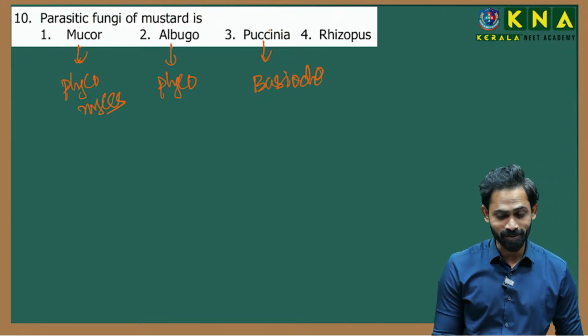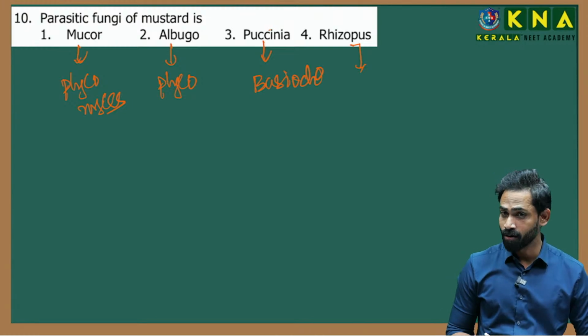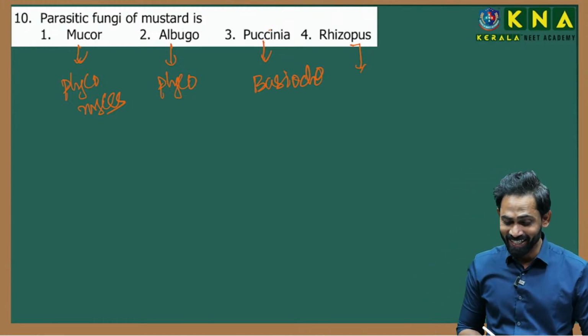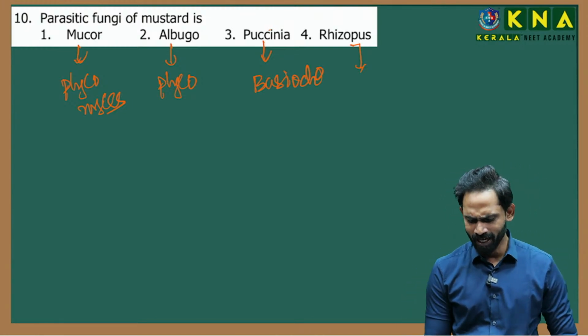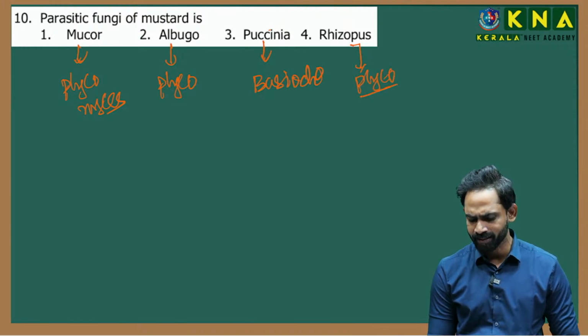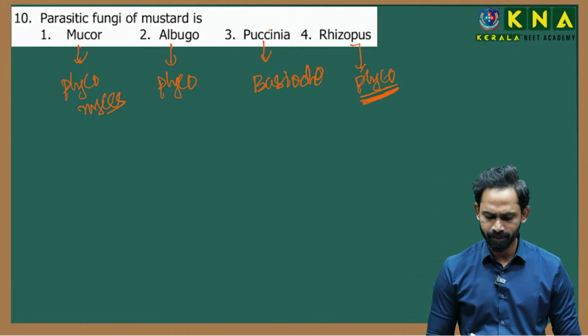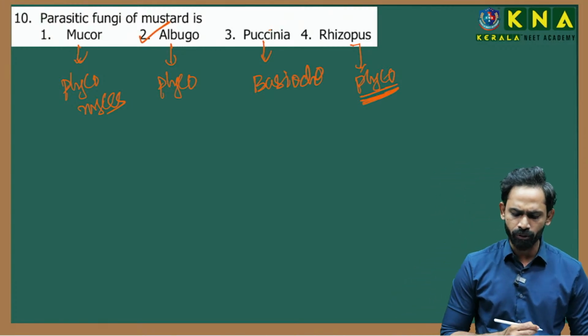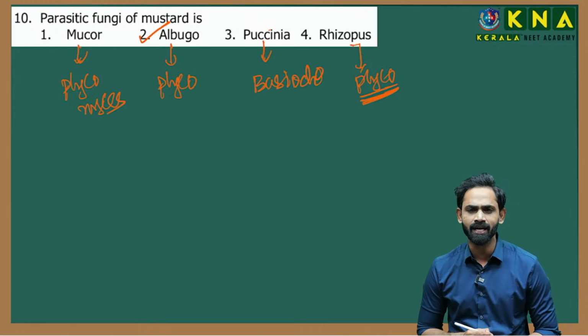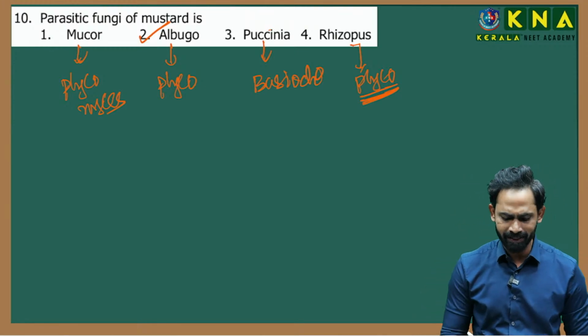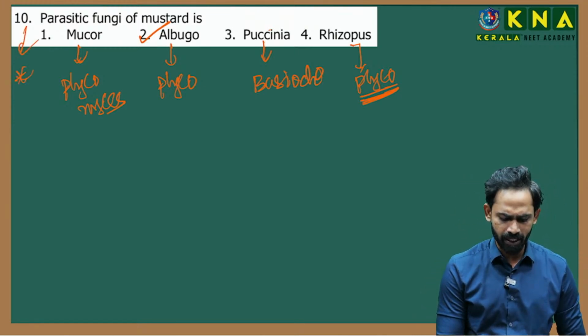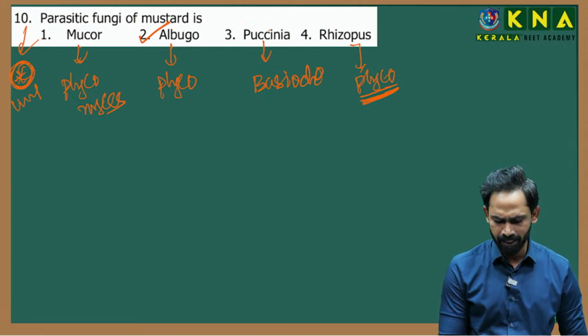Mushrooms: don't think all mushrooms are edible. Some are highly deadly poisonous mushrooms. Rhizopus also belongs to Phycomycetes. This one is called bread mold. So I am going for option 2. Parasitic fungi of mustard, exam important. I am giving a single star, important for the NEET exam.